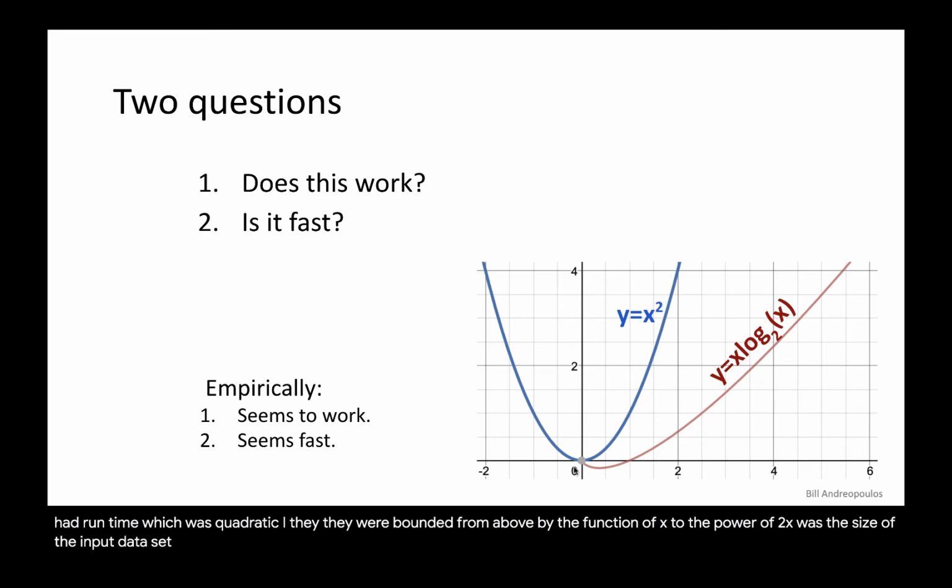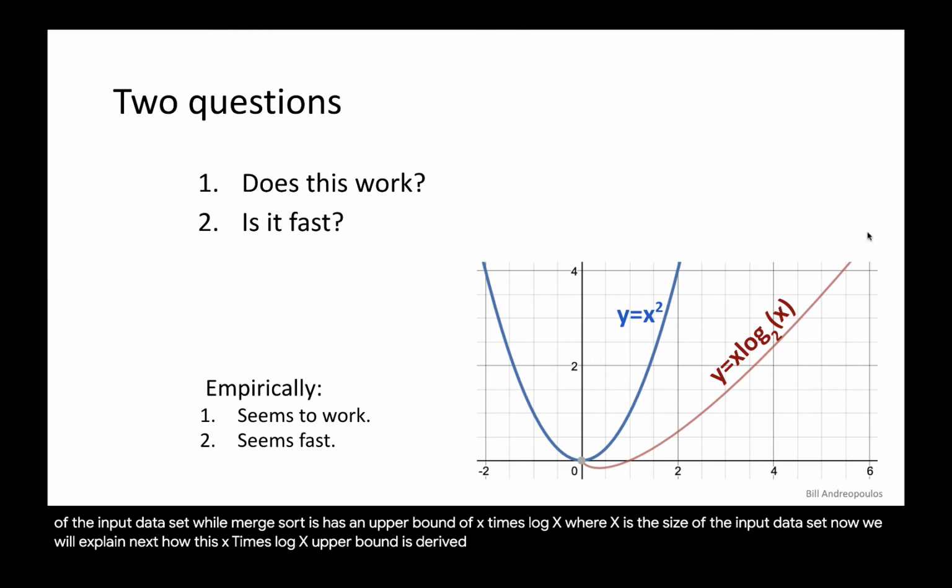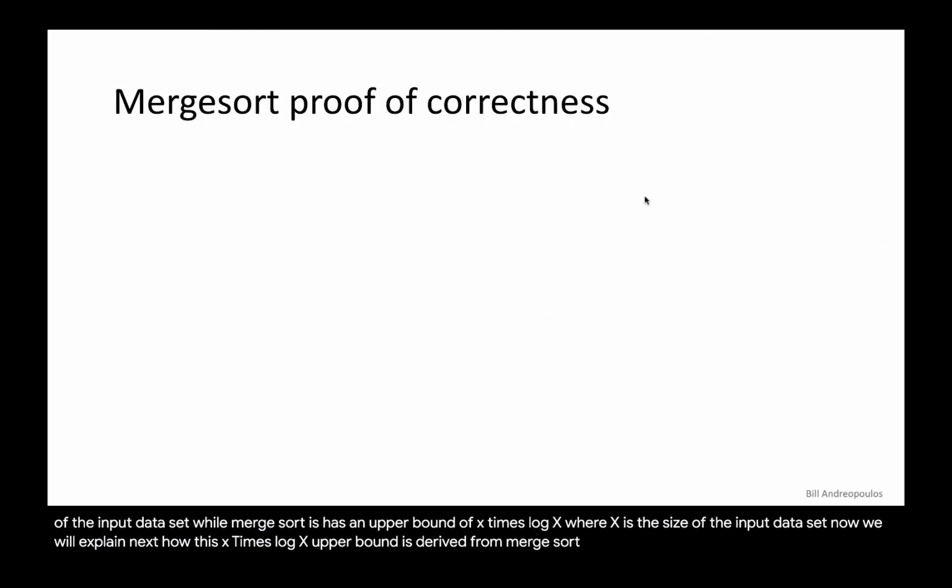While merge sort has an upper bound of x times log x, where x is the size of the input dataset. Now we will explain next how this x times log x upper bound is derived for merge sort.